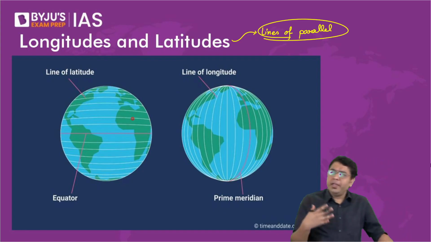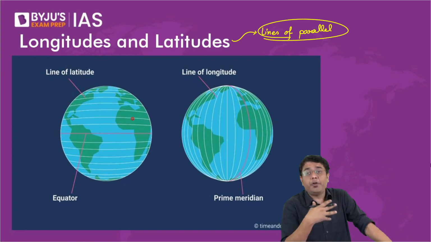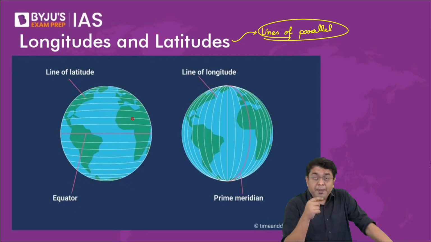Initially, these were given to aid navigation for people moving from one region to another, to tell them which area of the planet or what distance they had covered. That is where these imaginary lines were created.